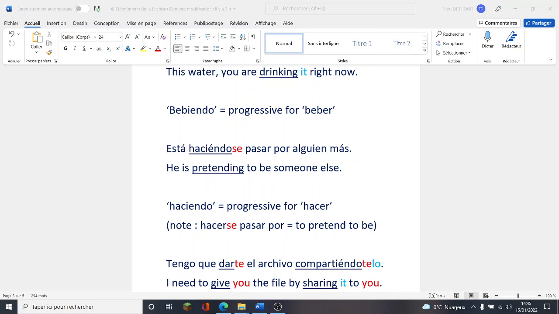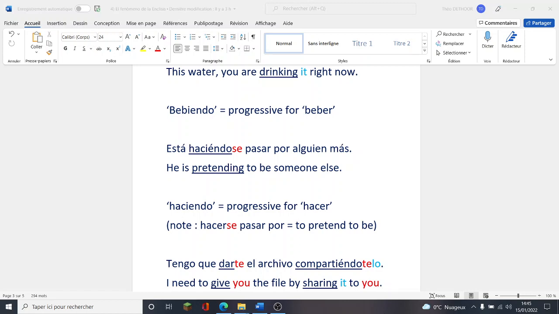So you have haciéndose. Basically, this pronoun is not translatable in English because the verb in English is not reflexive, so there's no real point in trying to spot the pronoun in English.